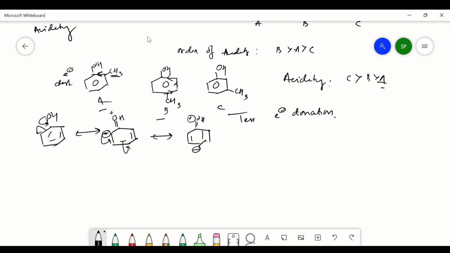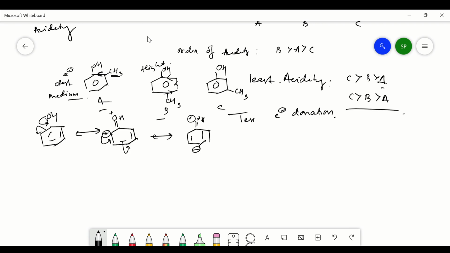This will make the highest increase in electron density, this will be medium, and this will be the least increase in electron density. So the order of acidity will be C, then B, then A. Okay.